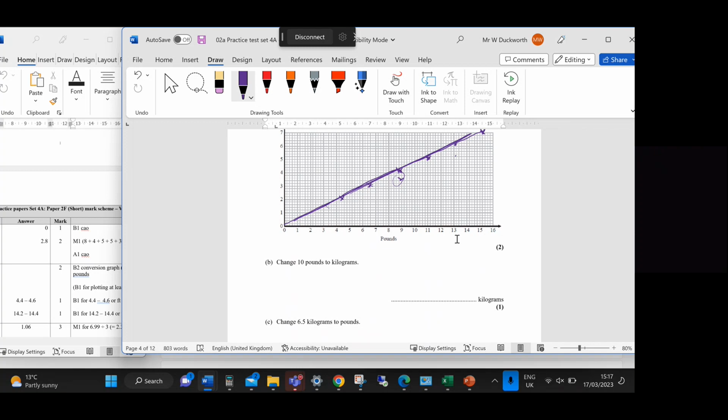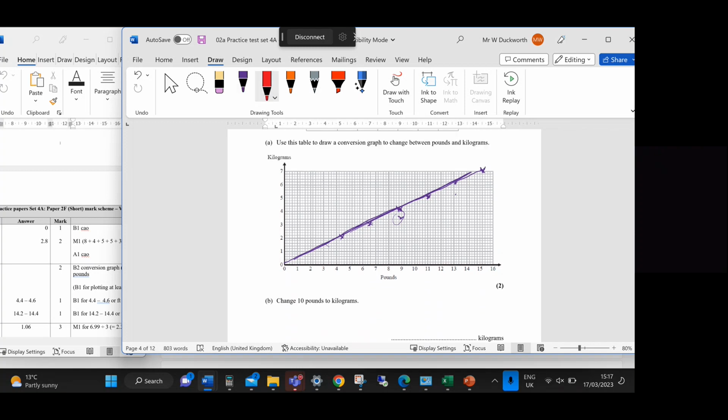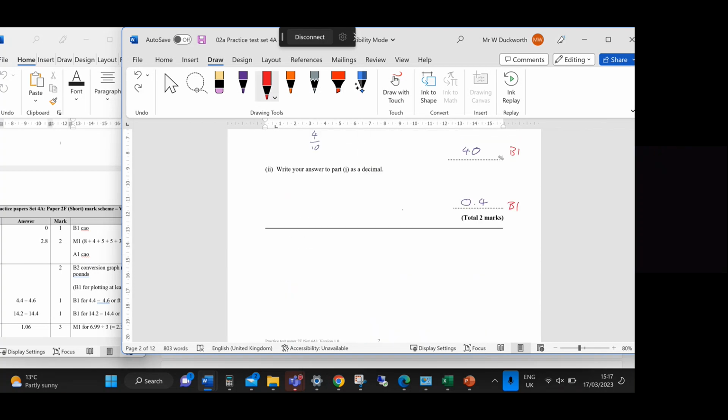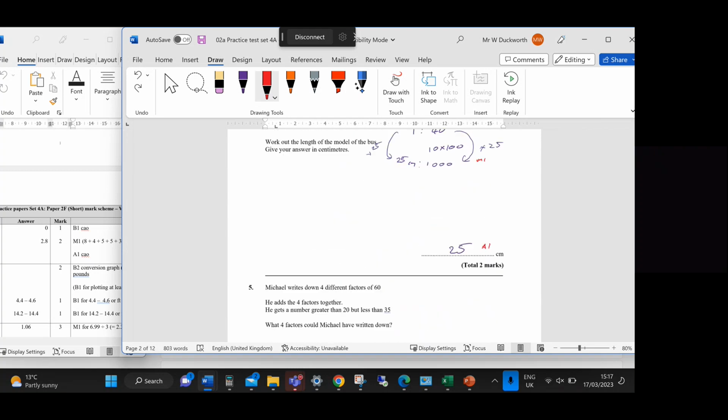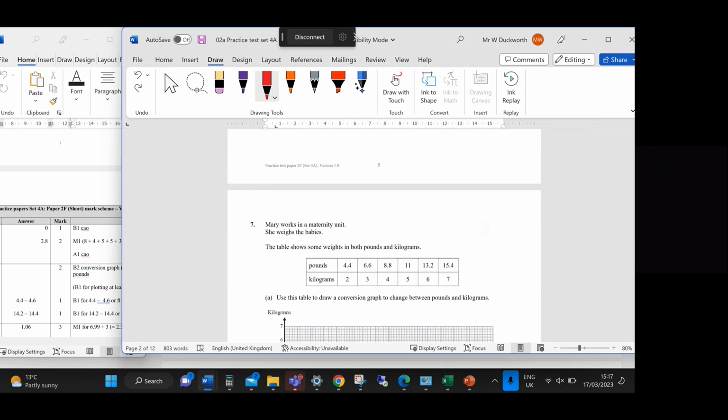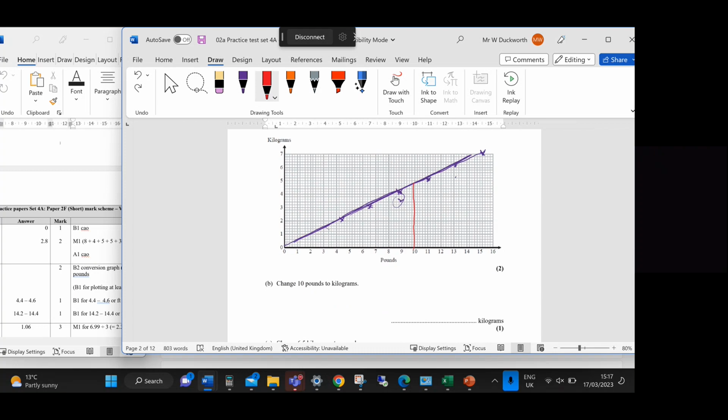Change 10 pounds into kilograms. So we go at 10, we go up to our graph. And then we go across from our graph. Oh gosh. And then we go across.